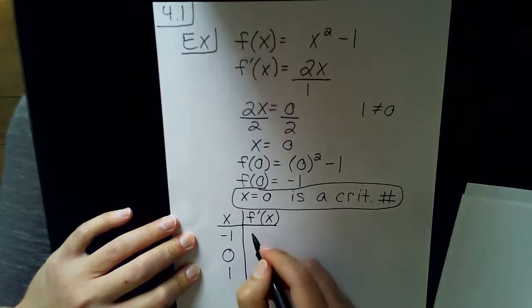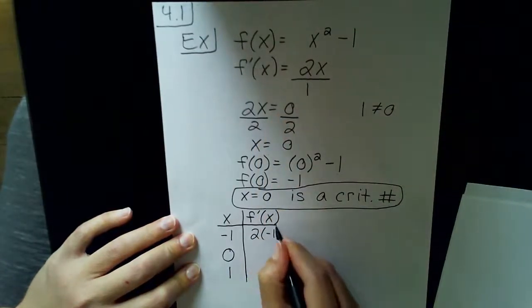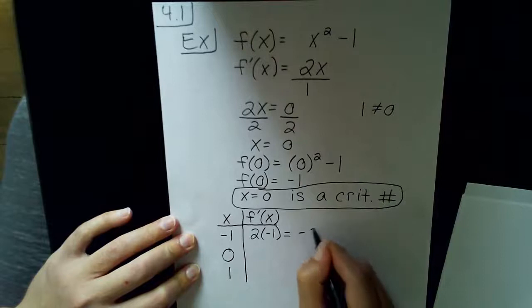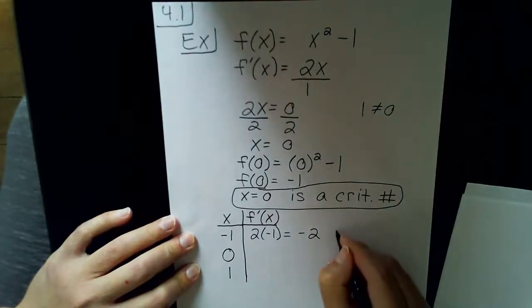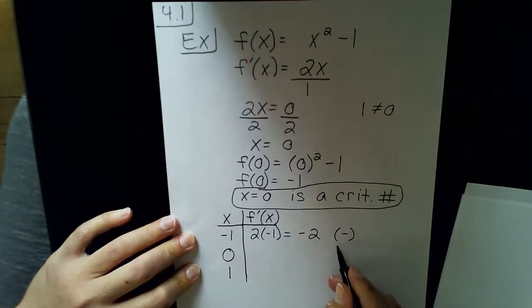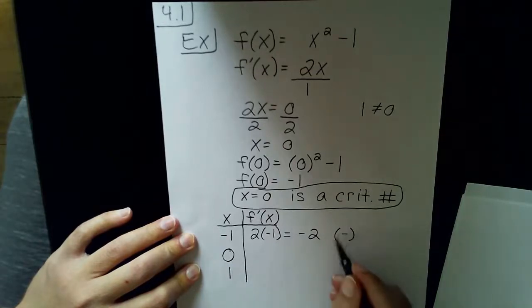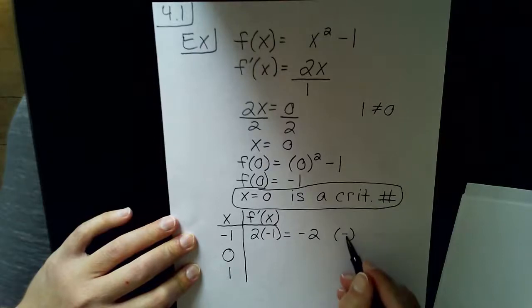So when we plug in negative 1 into the derivative, 2 times negative 1 gives us negative 2. All we care about is that it is negative. Because it is negative, that tells us that everything to the left of x equals 0 will be decreasing because the derivative is negative.